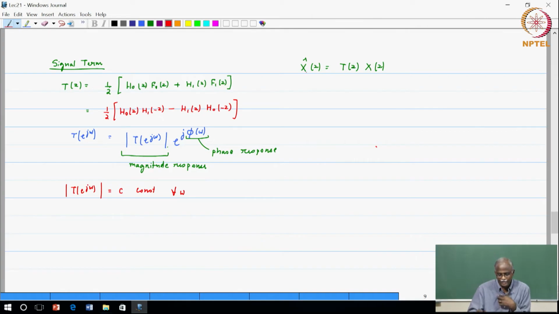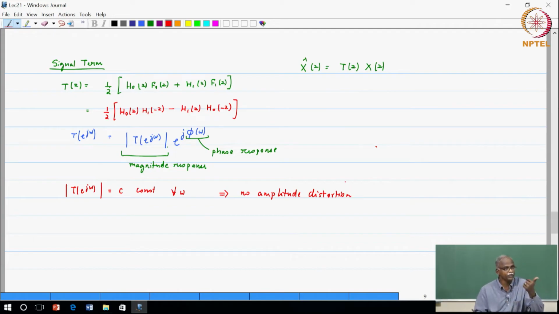So, basically this means that there is no amplitude distortion in the reconstructed signal, a very important one.